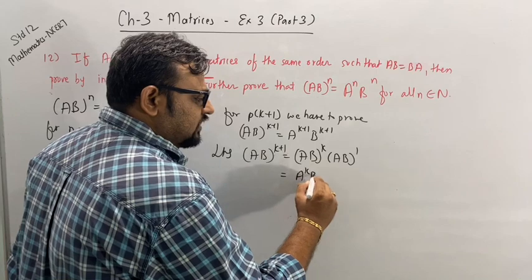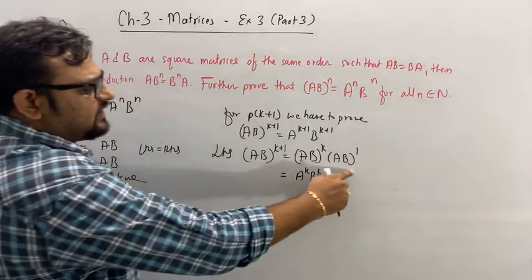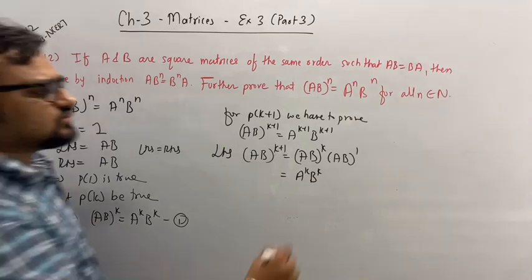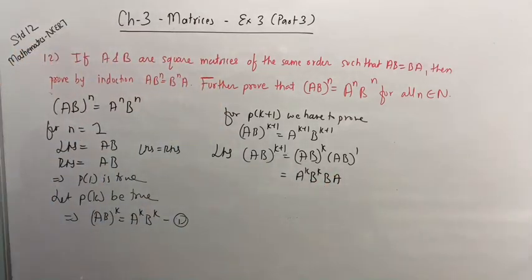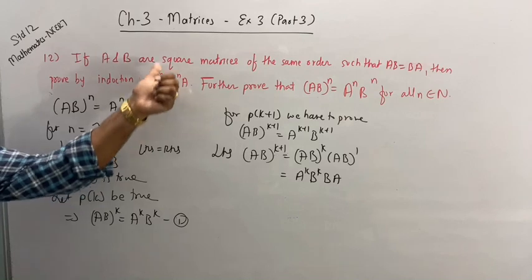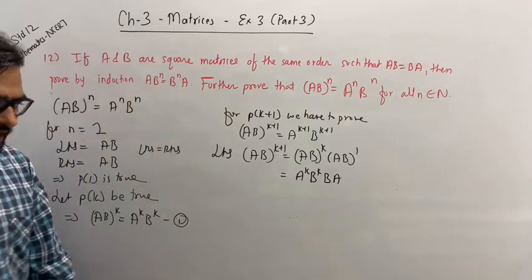A raised to K, B raised to K. Clear? And what is AB? I can write it down. AB is equal to BA. So I can write BA. Clear? Okay, that we had already proved earlier. In this way, AB raised to n equals B raised to n A. Means AB is equal to BA.